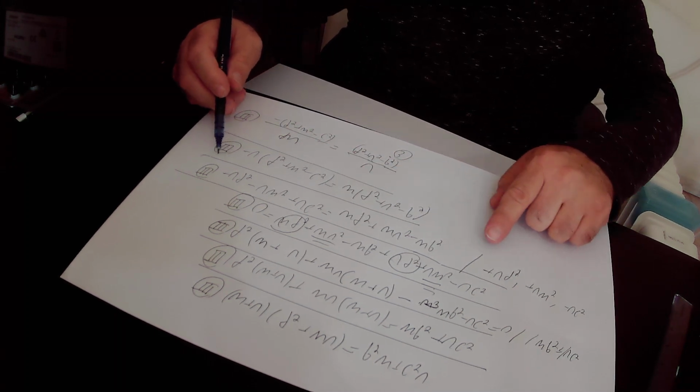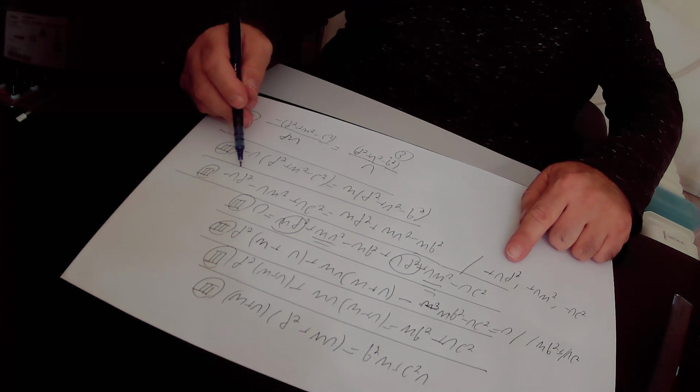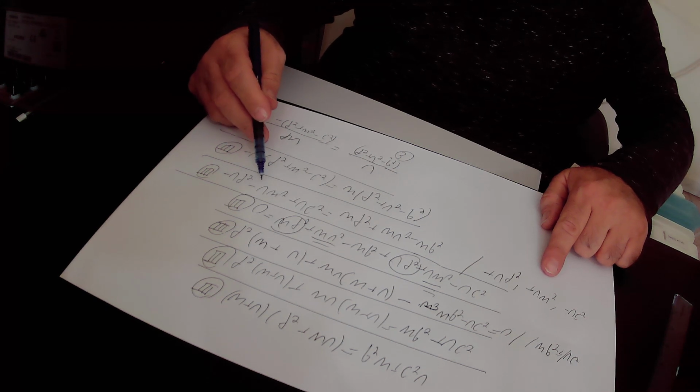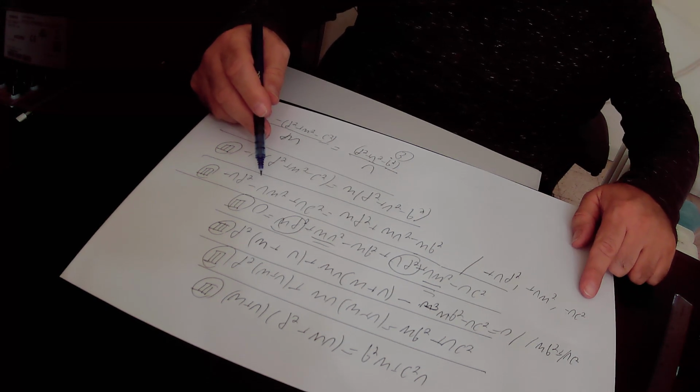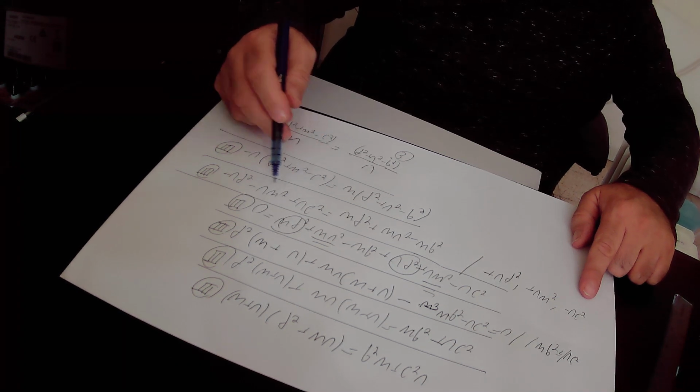Then we added nd squared to this equation, so nd squared minus nd squared is 0. We added also nm squared, so minus nm squared plus nm squared is 0. And we added nc squared to the other side, so plus nc squared minus nc squared is 0. So on this side of the equation we are left with 0.